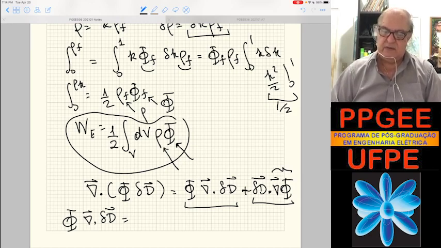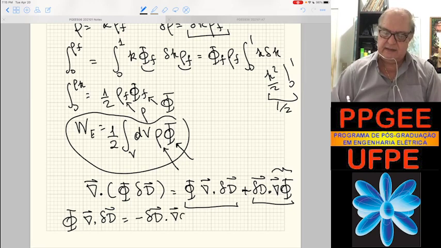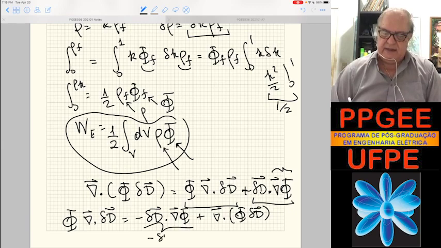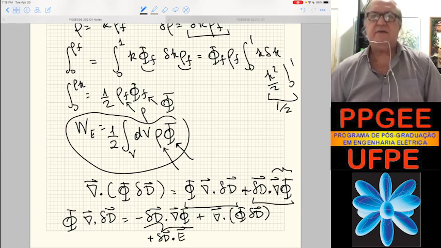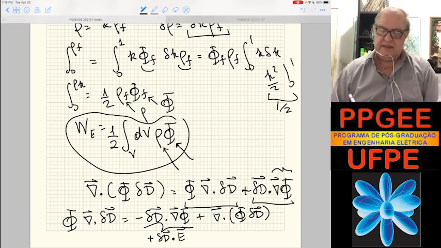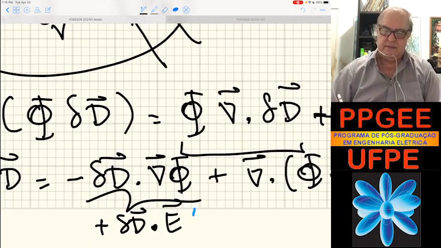When I isolate this term, it's going to be minus delta D dot the gradient of phi, plus the divergence of the whole thing. And this is nothing more than minus delta D dot E, since E is minus the gradient of phi. So I have this term here, which appears.